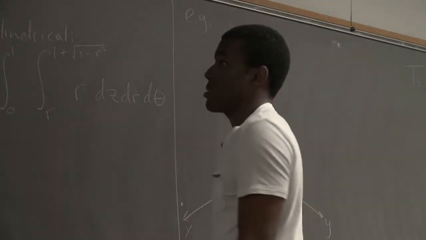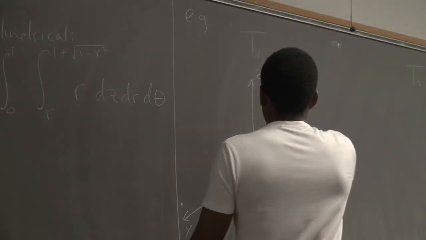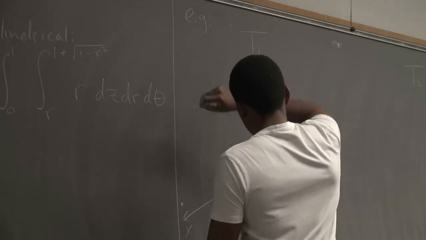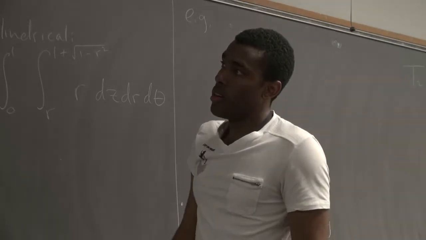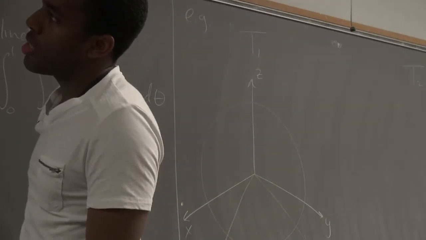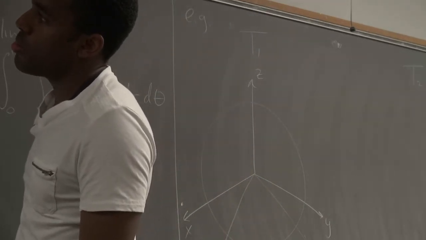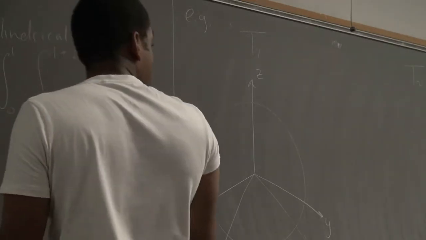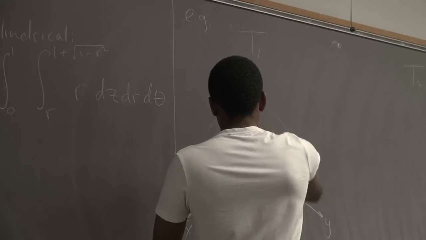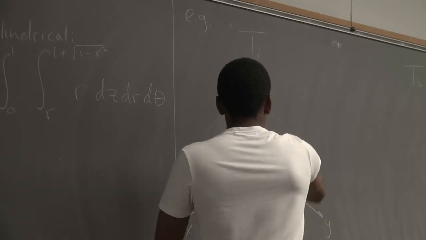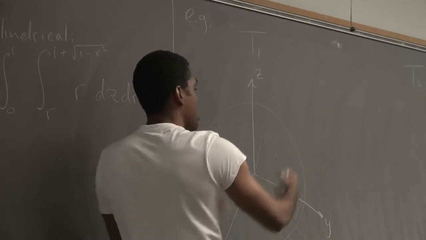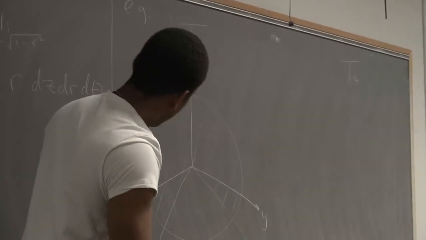Okay, and what else? Sphere of radius 1, centered at the origin. And what region do I want? It's above the cone, but inside the sphere, right?